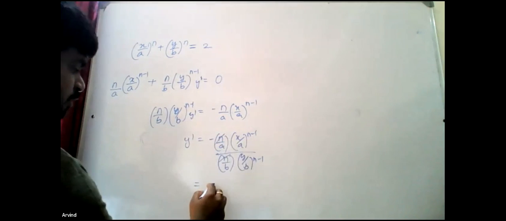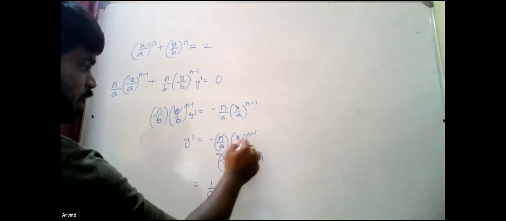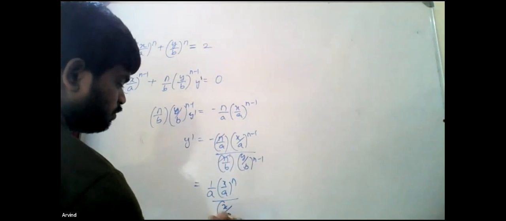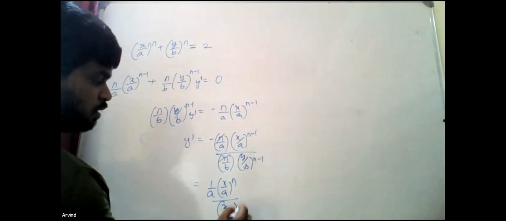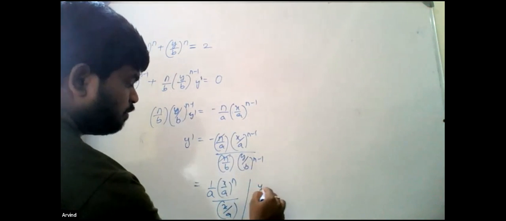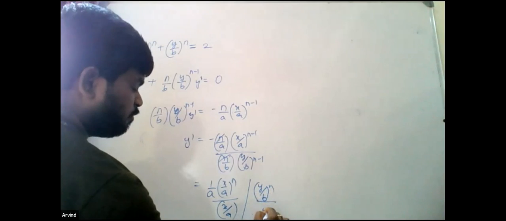You can simplify it further. 1 by a, you can write x by a whole to the power n by x by a, and similarly this you can write as y by b whole to the power n by y by b. Once again, there is some mistake. Just a second.